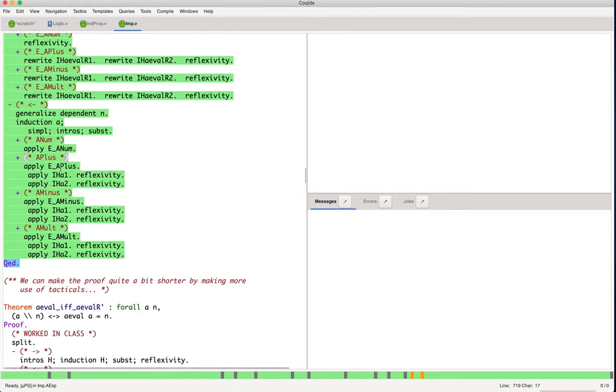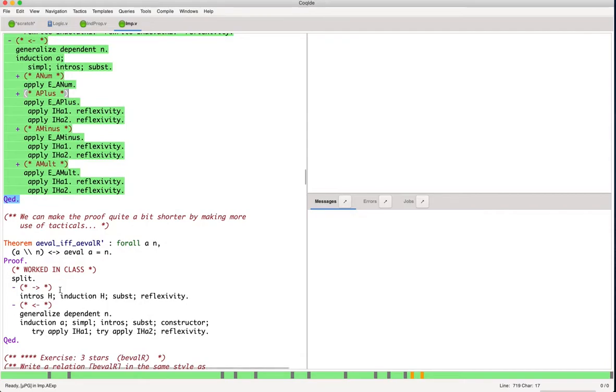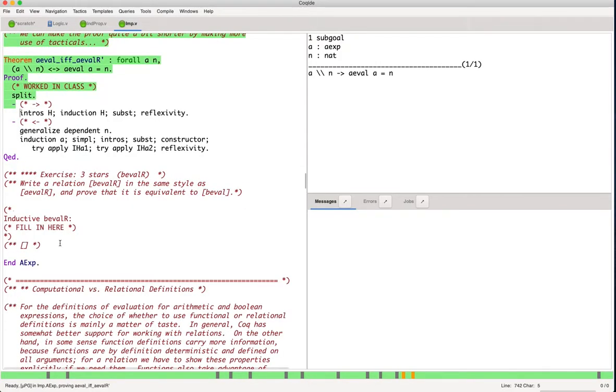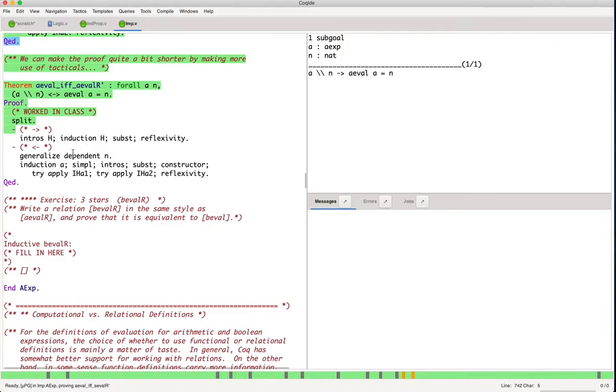For example, apply a constructor and then do these steps is what the last 3 are like. So this version down here is saying do the proof in such a way that you can avoid the repetition. So let's go through how this works.